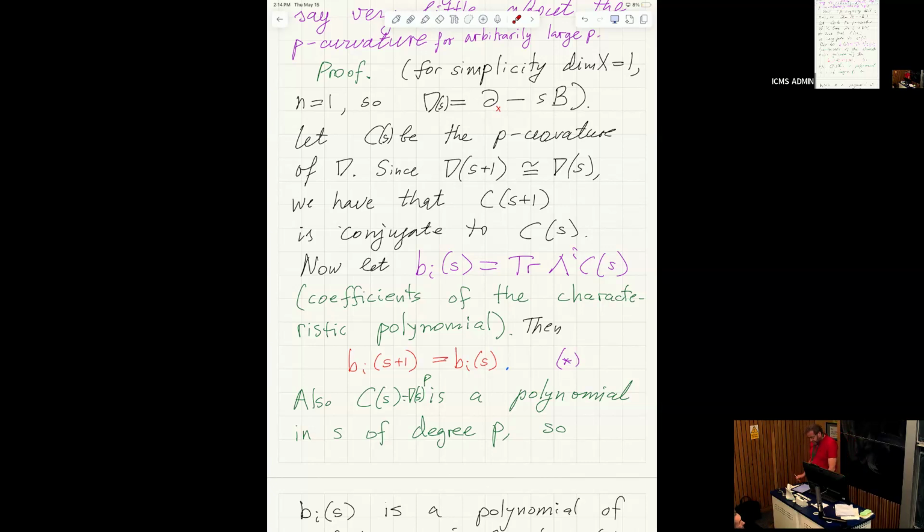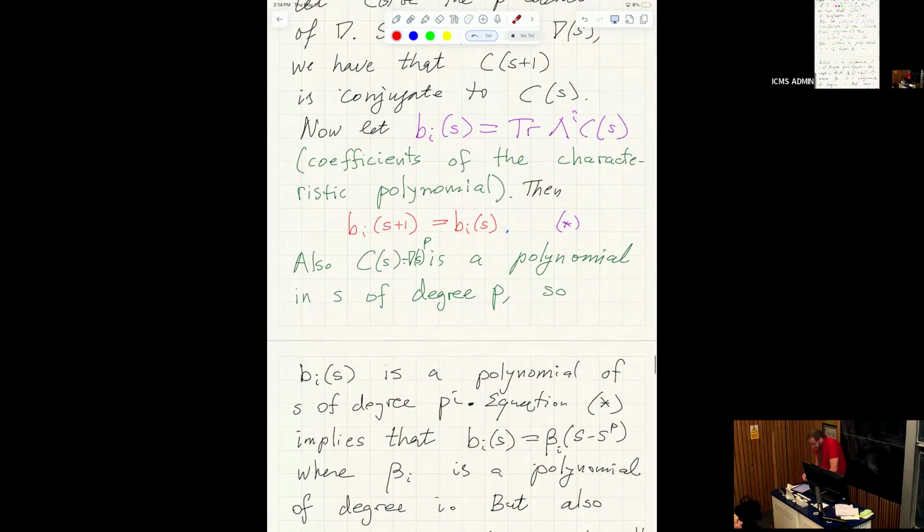So this means that the p-curvature C of s plus 1 is conjugate to C of s, because they're just p-th powers, but they're just matrices. And this means that if I take the coefficients of the characteristic polynomial of C of s, which are up to sign the trace of wedge i of C of s, then bi of s plus 1 is equal to bi of s.